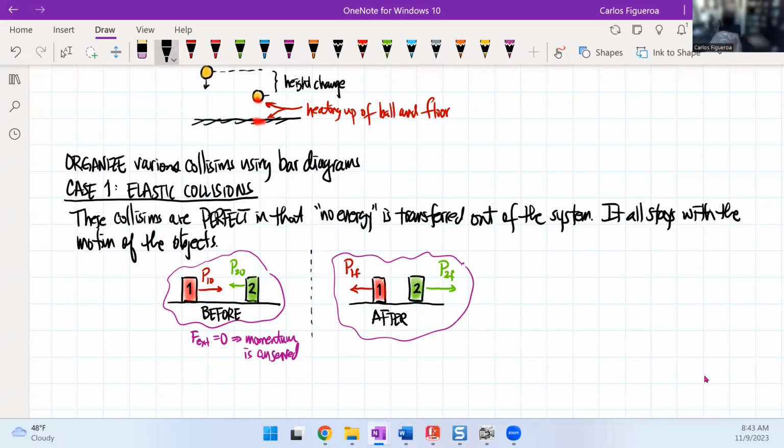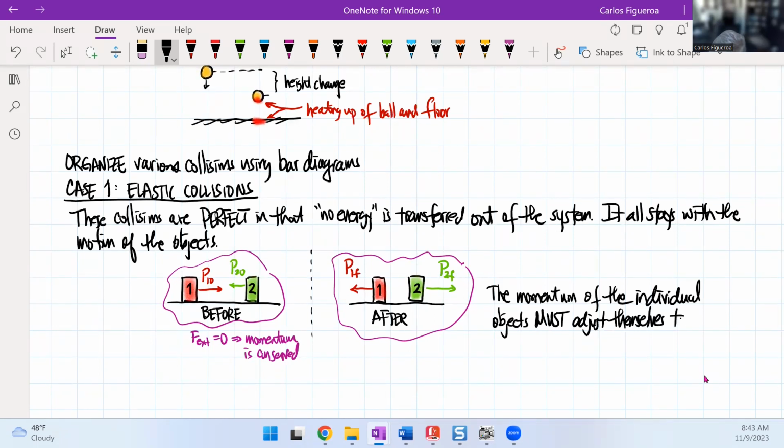So once again, the momentums of the individual objects must adjust themselves to conserve P total equal to a constant, or V center of mass equal to a constant. They're one and the same thing.